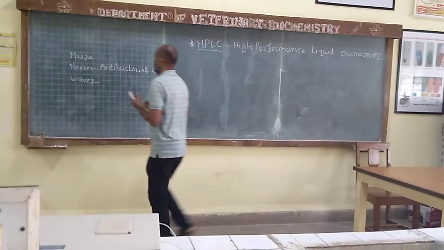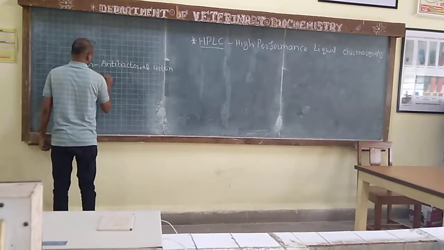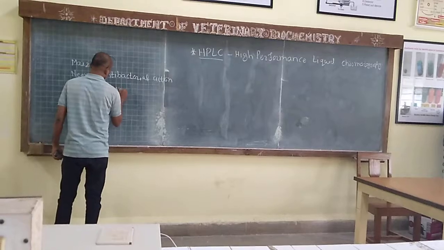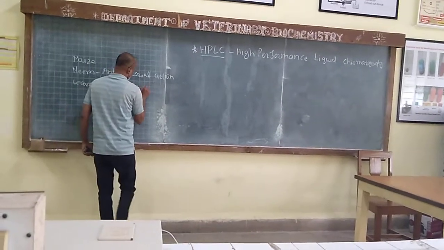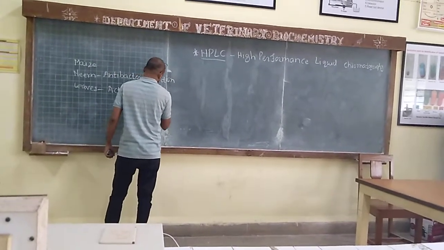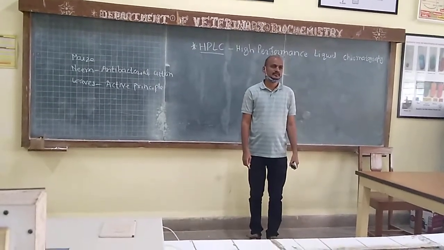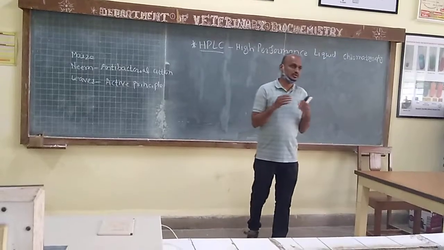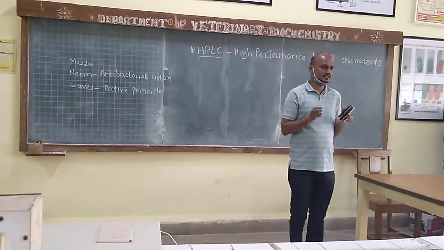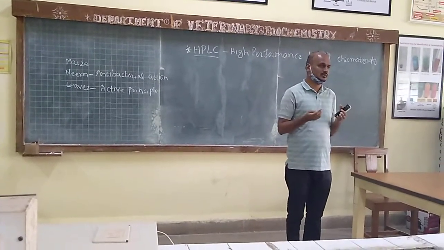Okay. So which is the active component? What is the active principle? The content which is present in leaves that acts as antibacterial. So when we say neem leaf, it has multiple components, right?